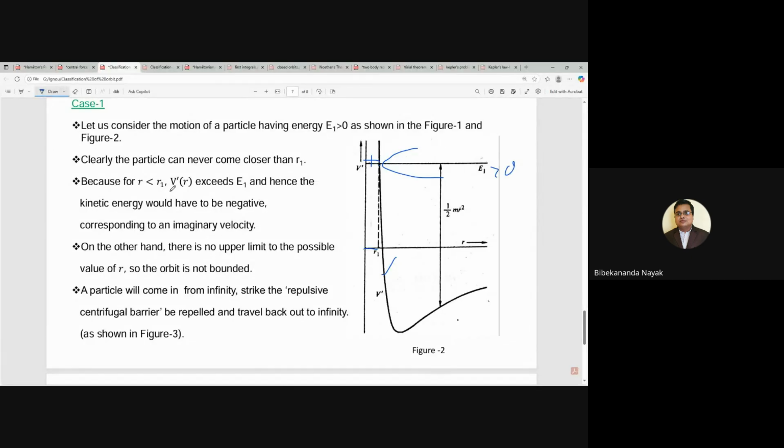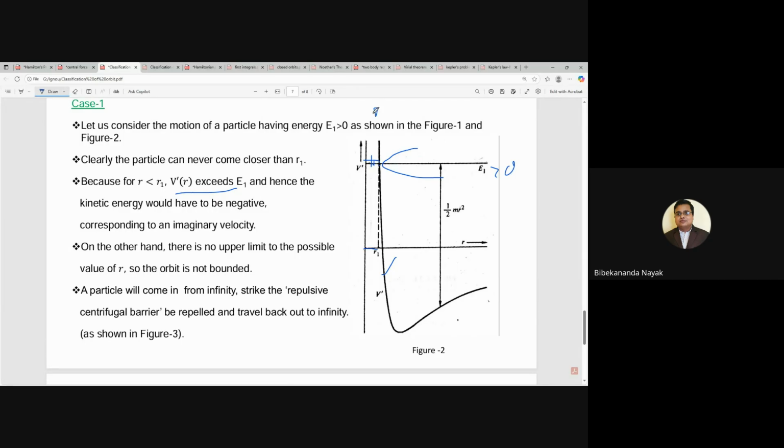The second point is, for R less than R1, V prime exceeds E1. If you see here, what is V and what is E? Total energy is actually less than V prime, which is impossible.